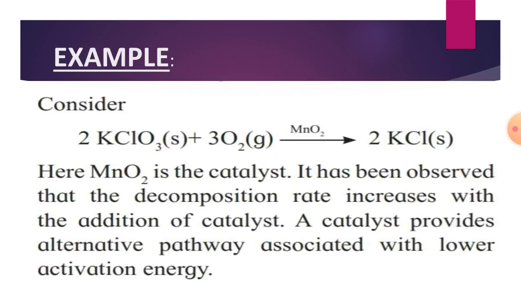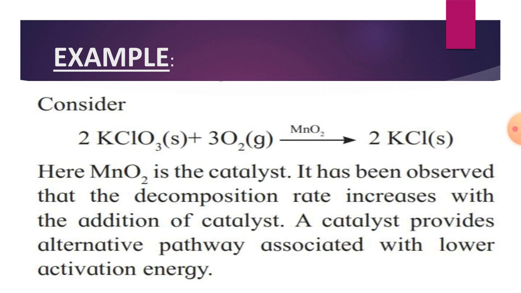Let's see the first example, KClO3. KClO3, when it is reacted, we are getting KCl, that is potassium chloride, along with oxygen gas. Here in this reaction, we are using manganese oxide as a catalyst.